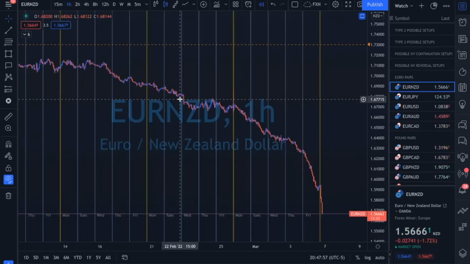You have a false move on Tuesday and then a quick reversal on Wednesday. But on Tuesday of that market maker cycle, you have to have a full move in one direction. That's what makes the difference between a trending cycle and a market maker cycle. On a trending cycle, you may not have that full day of movement in one direction on Tuesday. On a market maker cycle, you do.